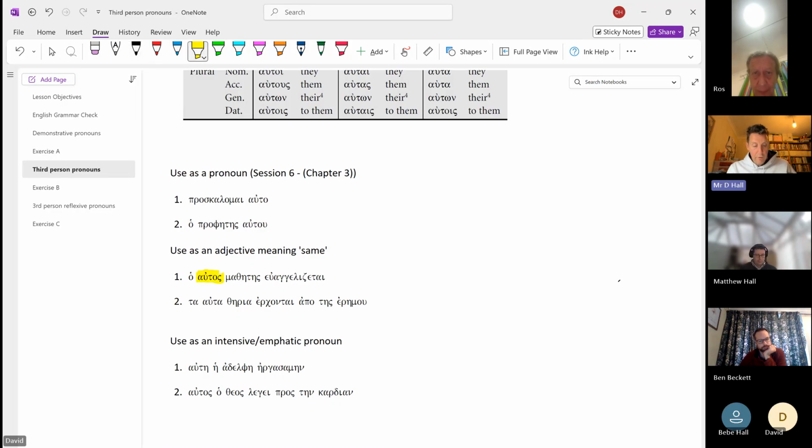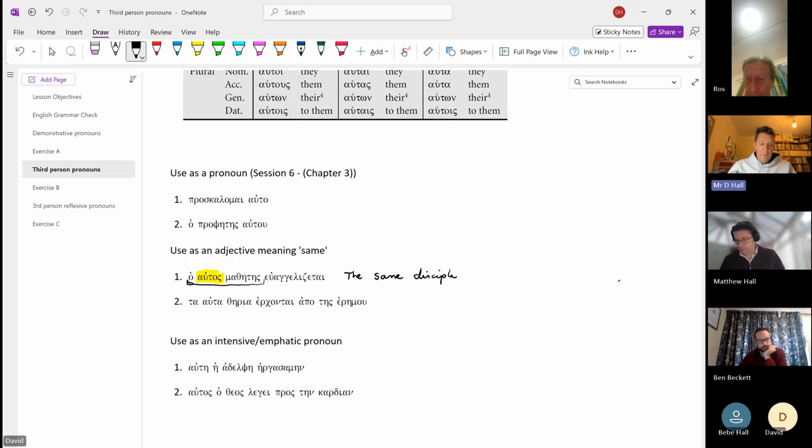So if we put the pronoun, so we've got ho autos mathetes euangelitsatai, then what we've done here is we've added the pronoun in between the noun that it's essentially modifying. Okay, and when we do that, then that is translated as the same. Okay, so the same mathetes is the same disciple.